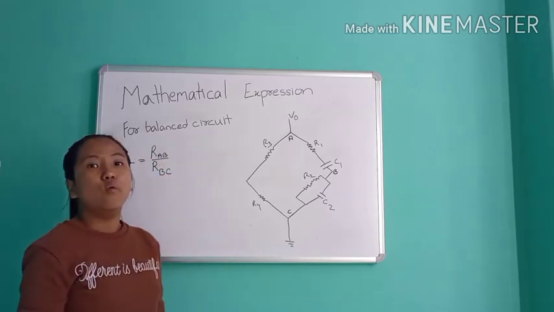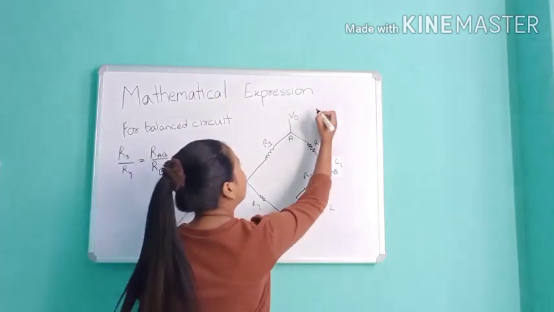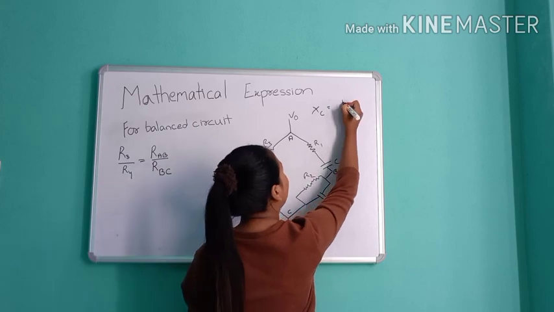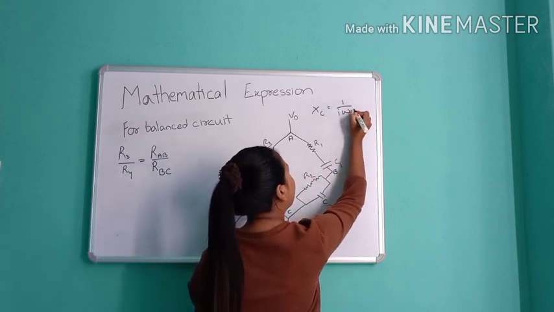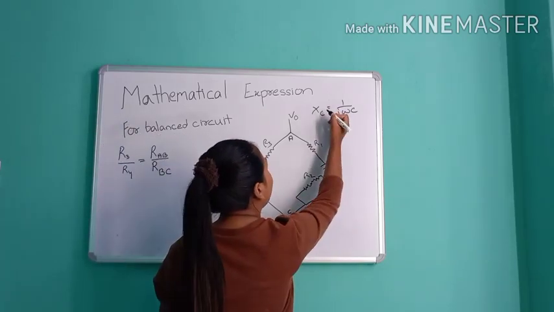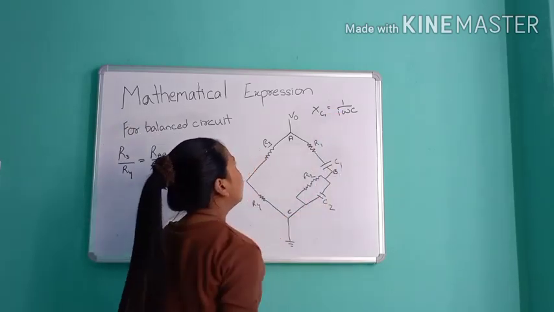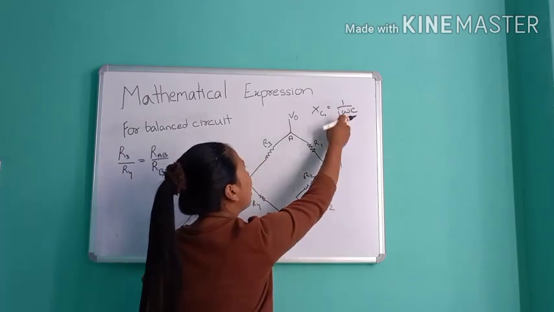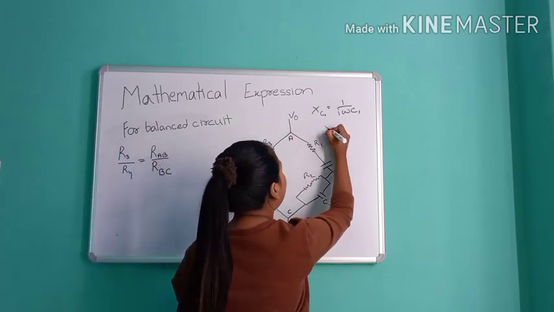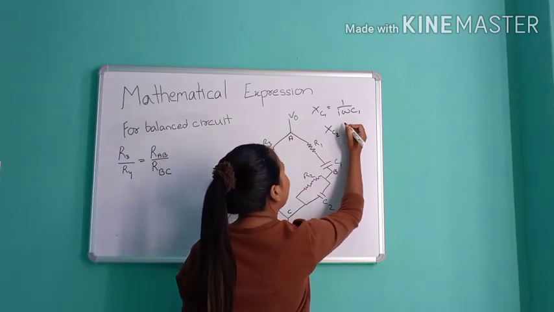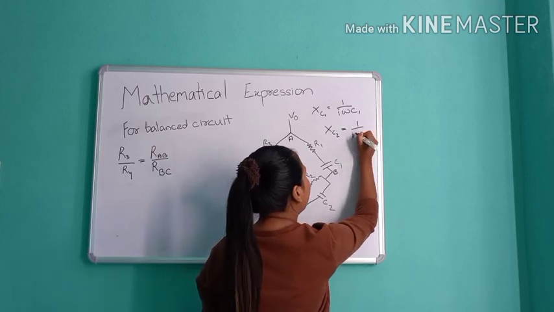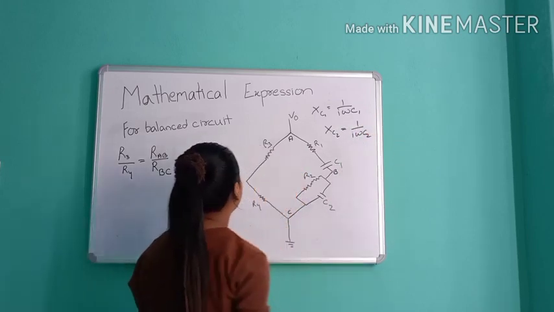We know that reactance of a capacitor is equal to 1 by j omega C. So for C1, reactance of C1 equals 1 by j omega C1, and similarly for capacitor C2 equals 1 by j omega C2.